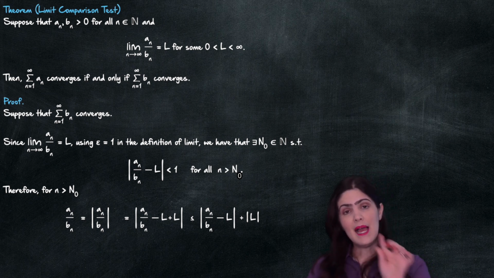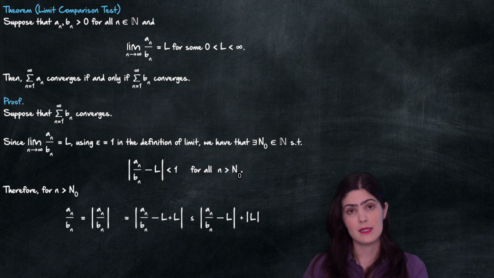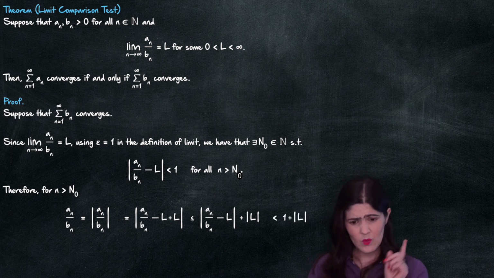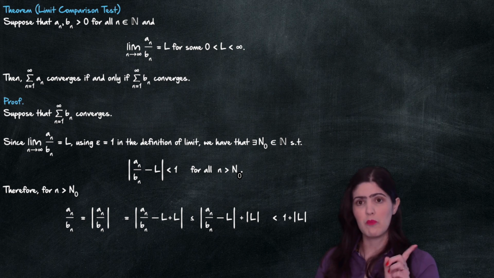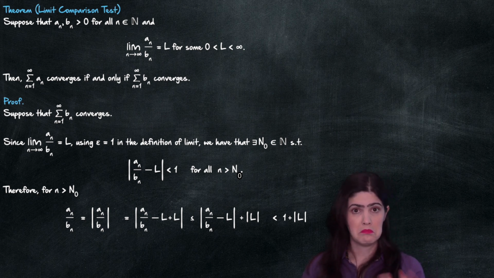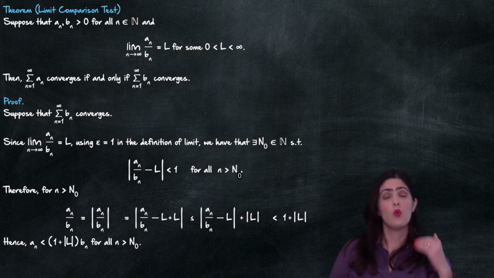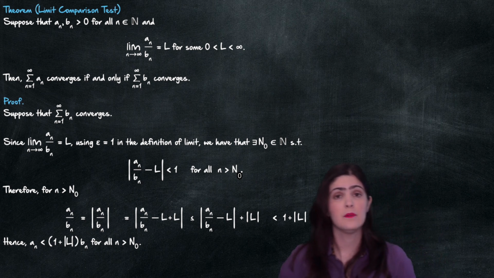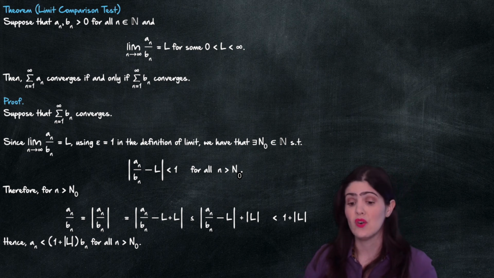Now I can bound the absolute value of a_n over b_n minus L by 1. So this is less than 1 plus L. We have that a_n over b_n is less than 1 plus L. Well, I can multiply by b_n and we end up with a_n less than 1 plus the absolute value of L times b_n for all n greater than n naught.